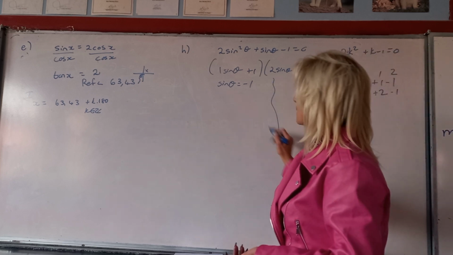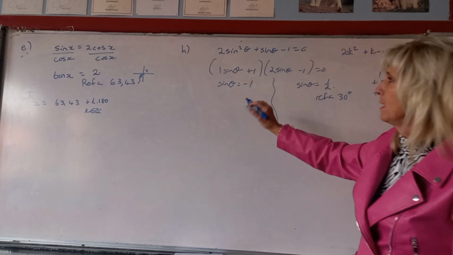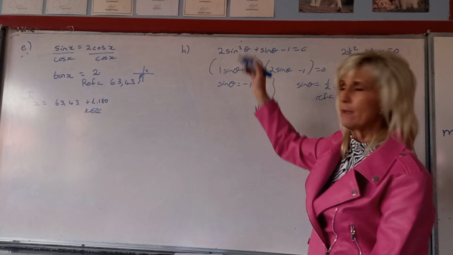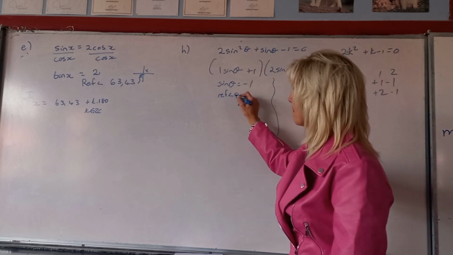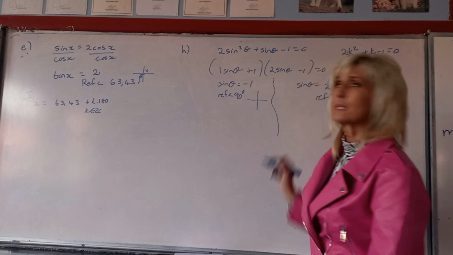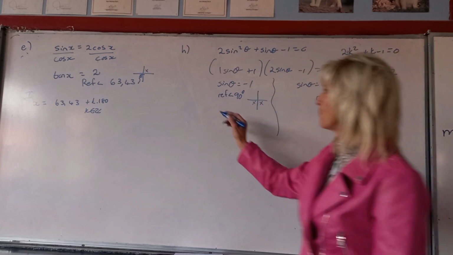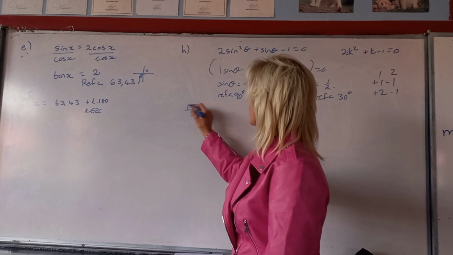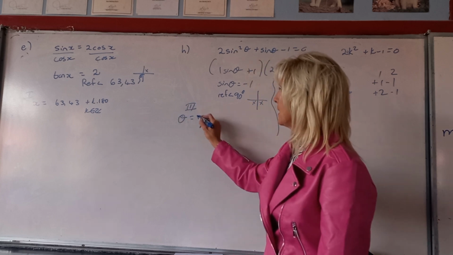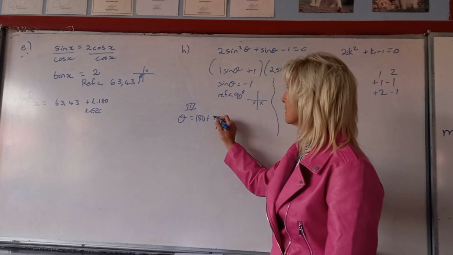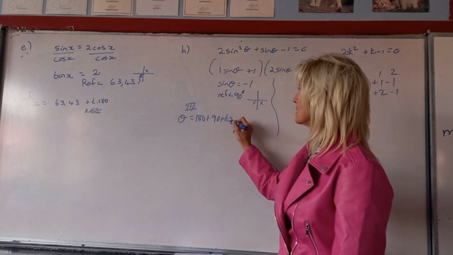So for this one, both of them are now type 1. Sin is equal to 1 for reference angle, 90 degrees. But sin is negative, so I'm in the third and fourth quadrants. So for the third quadrant, we write the angle's name, theta, is 180 plus the 90, plus K360.